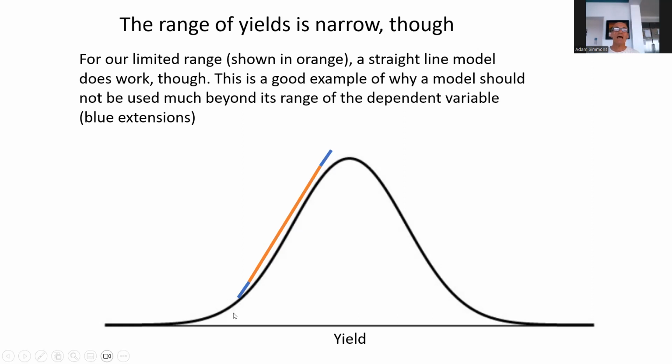So for the range we have, we are fine using a straight line. We can go a little bit outside the range, but not too much. It is pretty subjective, but the important thing is not to go too far outside the range of data that you have from historical observations.